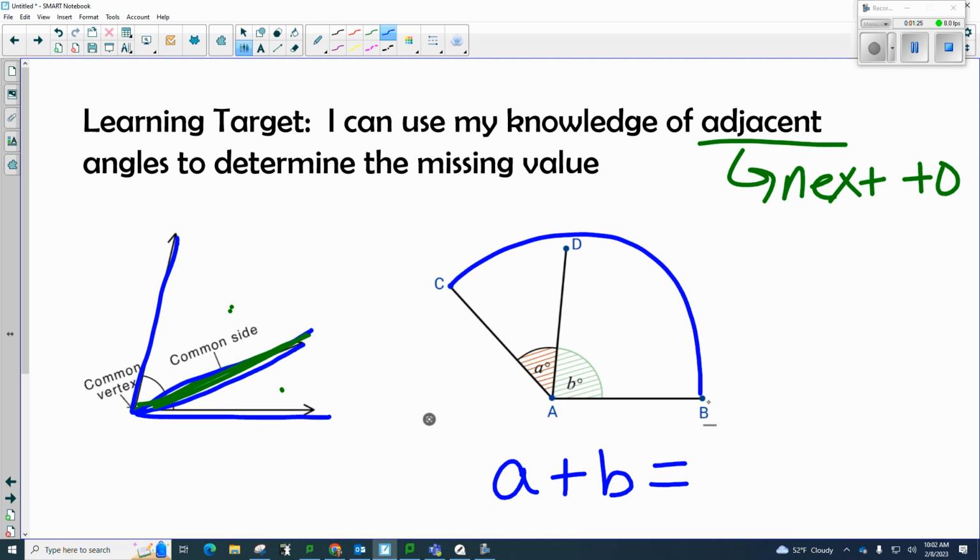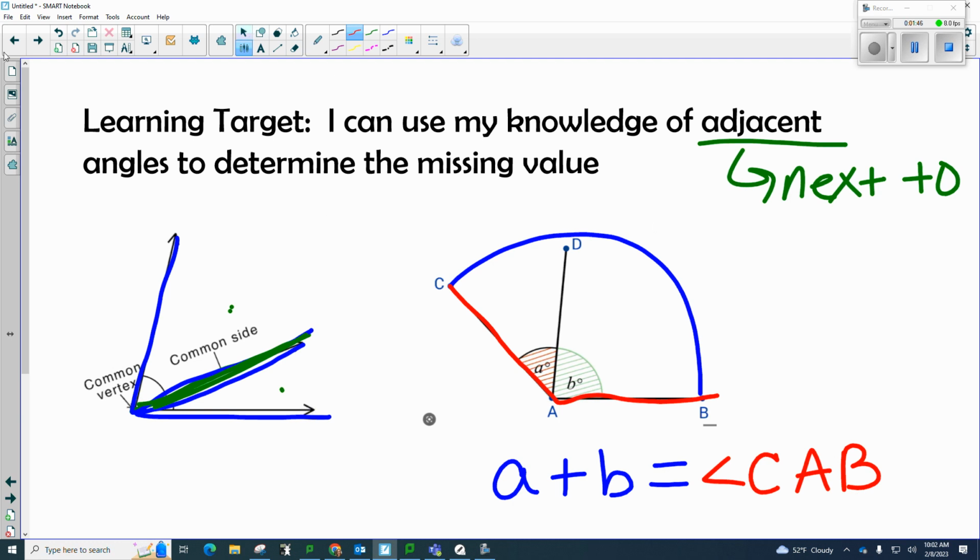One thing that's important with angles is naming them. If I start here at letter C, I go to A, and then I go over to B, I would call that angle CAB. So if I add the two smaller ones together, it gives me the whole big angle.